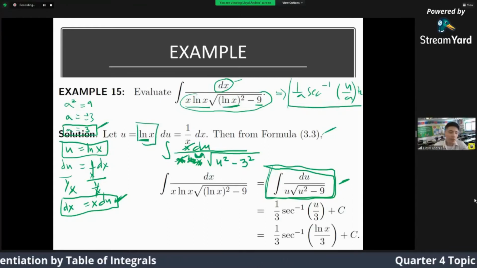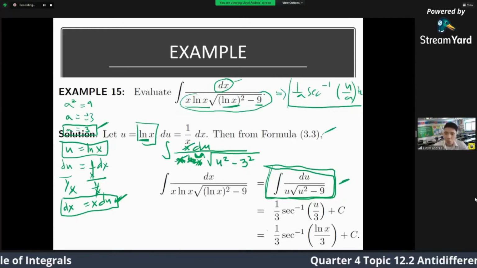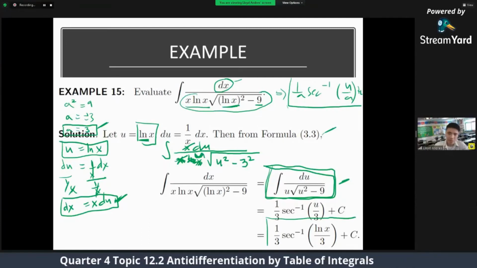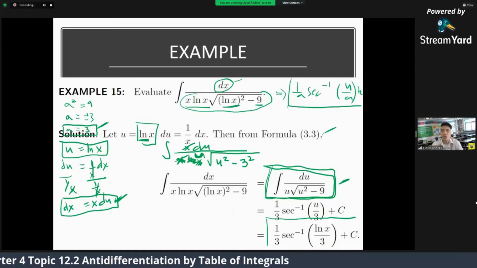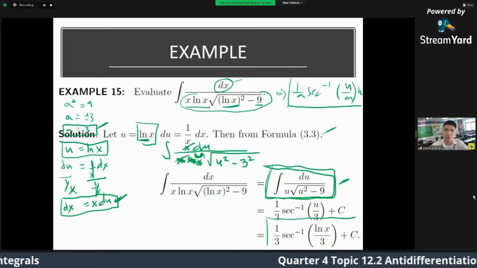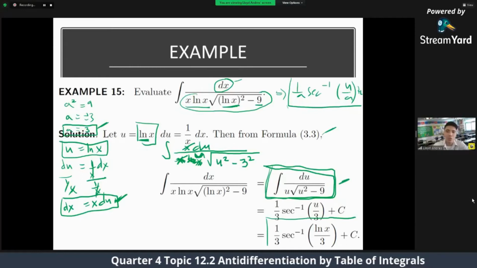So, therefore, your final answer is 1/3 inverse secant of ln of x over 3 plus c. So, that's how to use katong another set of integrals involving inverse trigonometric functions. So, duha na ta ka set of table of integrals atong na-discuss.